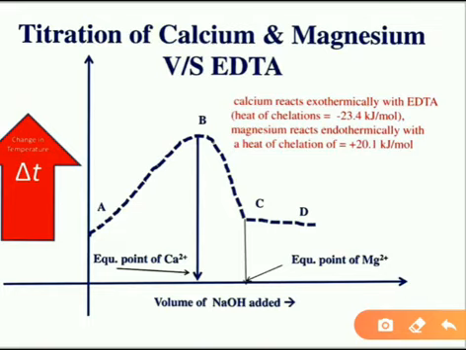The titration was started at point A. It showed a calcium endpoint extrapolated to point B, so we get the equivalence point of calcium at B, and for magnesium we get the endpoint at C.